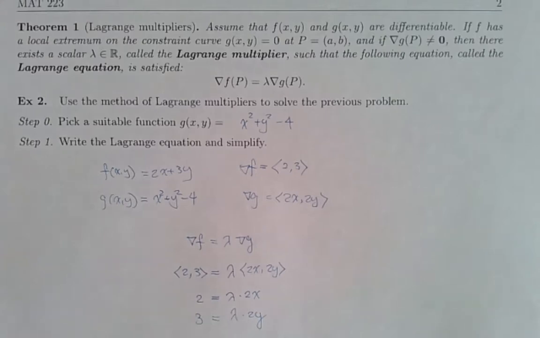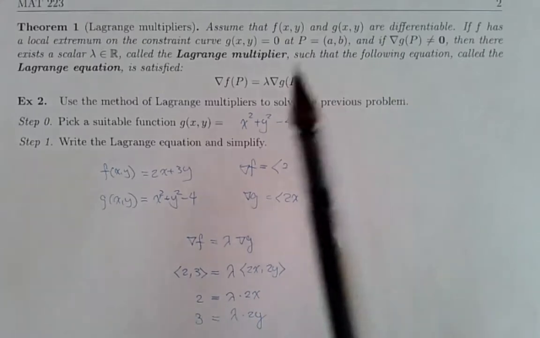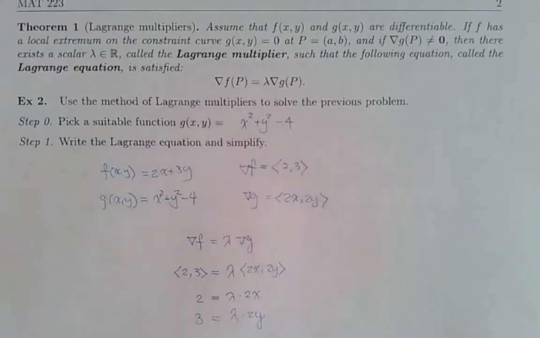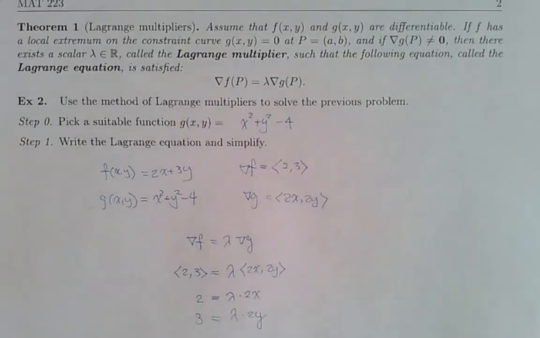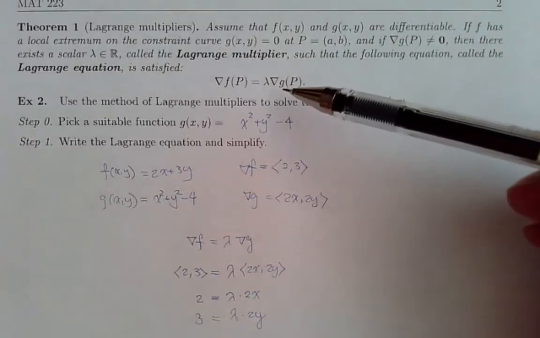Now our point satisfies some other equation. Instead of saying derivative equals 0, we say that the gradients are equal up to a constant. So just like when we set to find the critical points, we set the derivative equal to 0 and solve. Here we're setting these two gradients equal and solving.